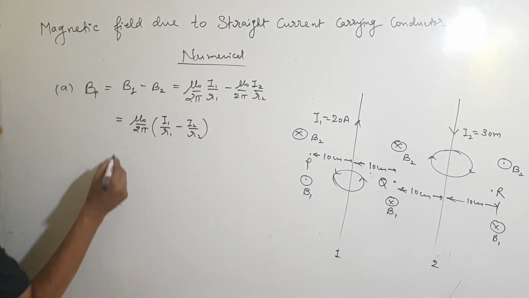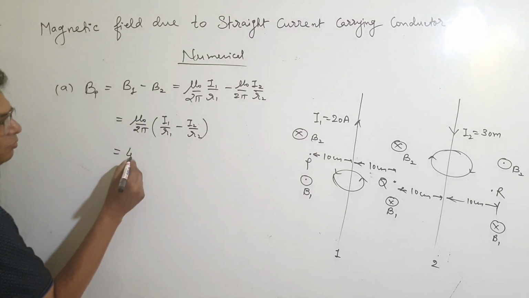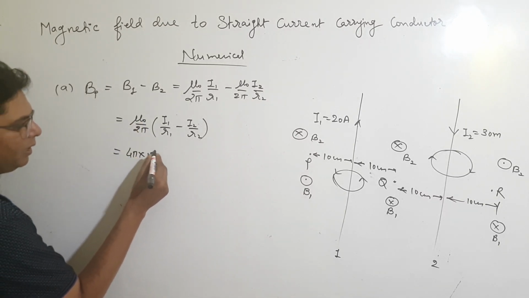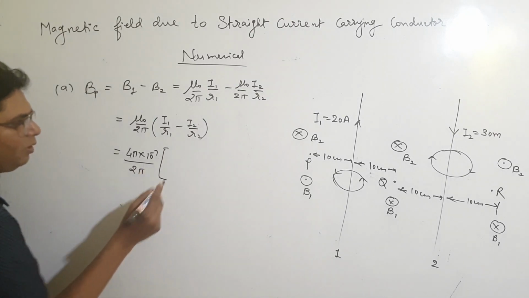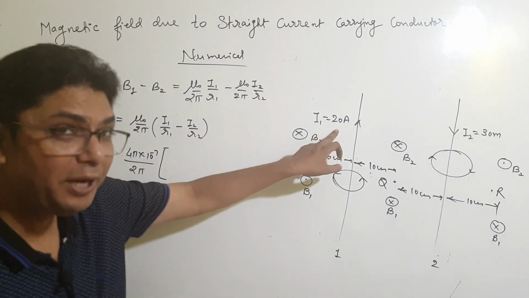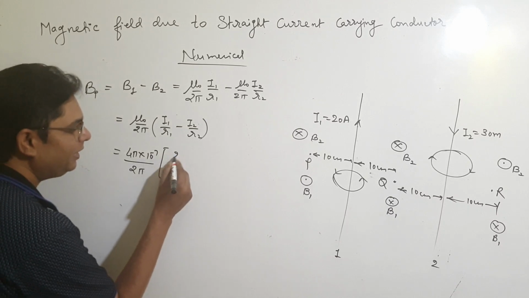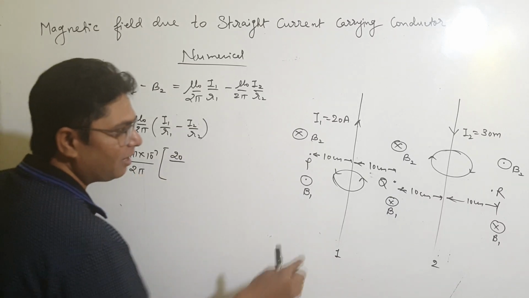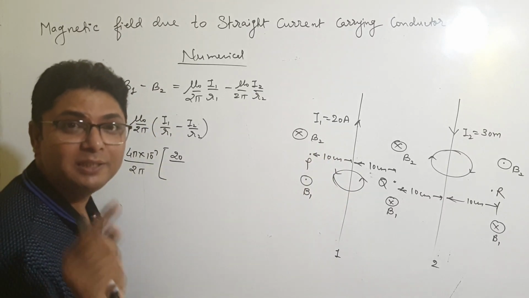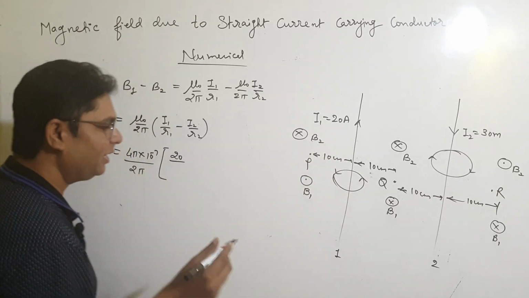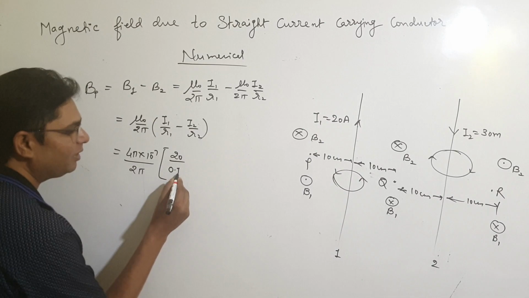Now put the values. The value of mu naught is 4 pi times 10 to the power minus 7, divided by 2 pi. What is I1? I1 is 20 ampere. So write here 20. What is R1? R1, this is 10 centimeter, so 10 centimeter means 0.1 meter. So write here 0.1 meter.